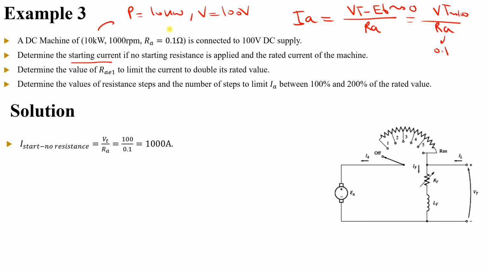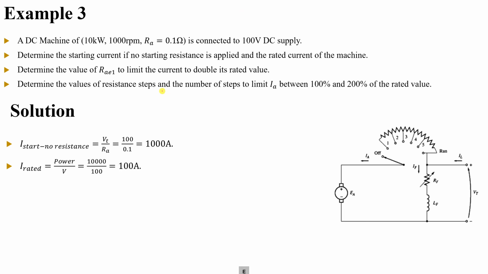So the rated current of the machine is 10 kilowatt divided by 100 volt, which gives us 100 amperes. Great. So what we can see right now is that the starting current is 10 times I rated.